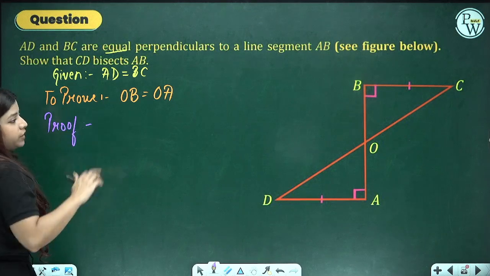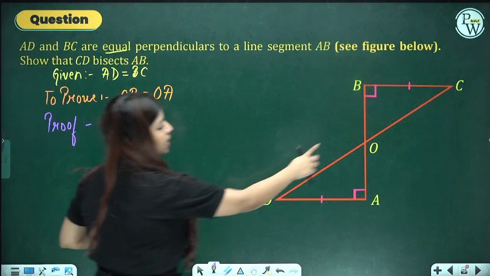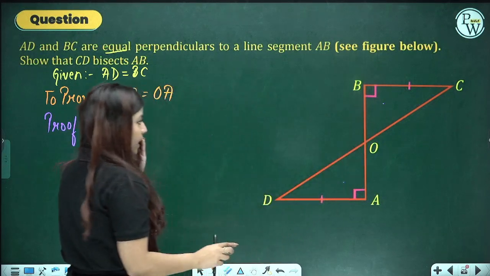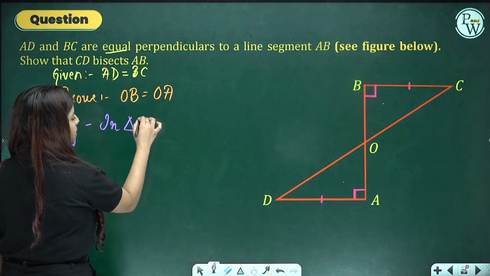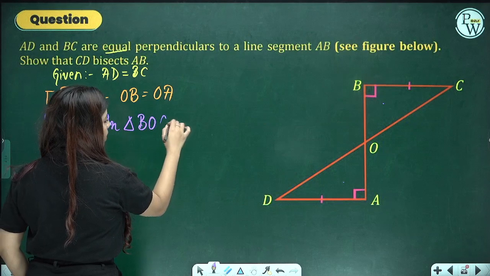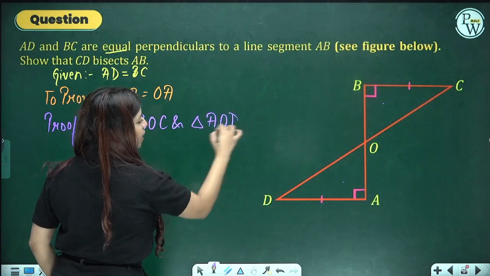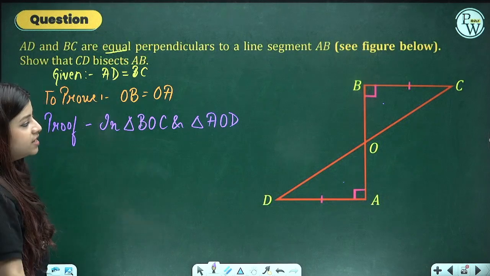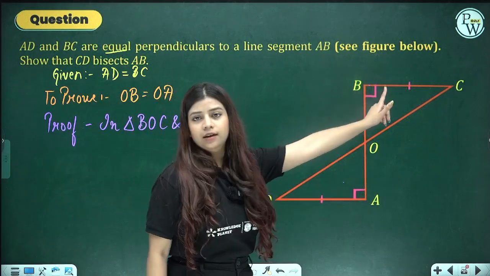All right, so there are two triangles that we can clearly see in this particular question, that is, triangle BOC and triangle AOD. Now, the very first thing that we can write is 90 degrees and 90 degrees.